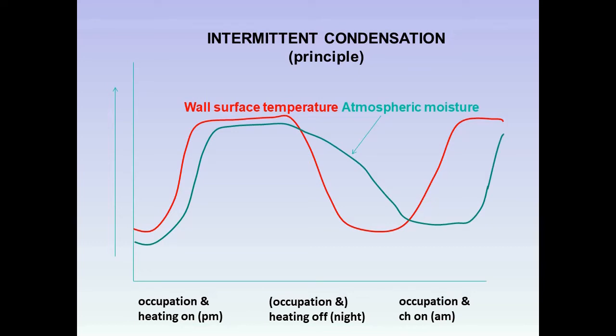And in this case we can see that the temperatures are dropping quite rapidly once the heating is off at night, but the atmospheric moisture levels dissipate far more slowly. And it's usually at that point we will get our problem, say perhaps between 2 and 3 in the morning. And this is how we get this intermittent condensation. And of course we can only see this if we do long-term monitoring of the atmosphere and temperatures and so forth.